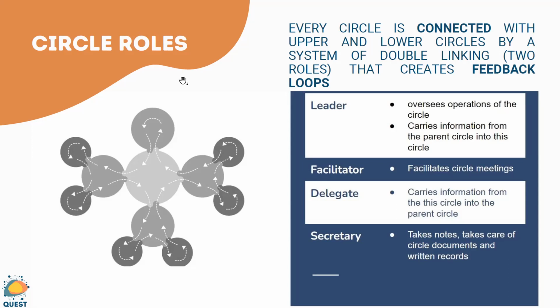But here, just to explain how there is a feedback loop and communication among all circles, which is allowed by having different roles, because those persons, like leader and delegate, attend both their own circle and the upper circle, the general circle meetings. And so they are the ones who bring the information up and down.